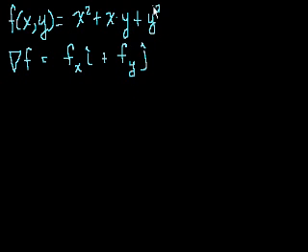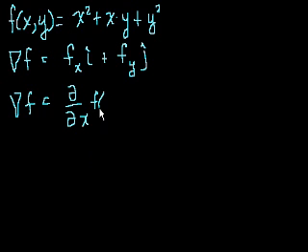And obviously, if there was a function of more variables, you could keep going, and you would multiply the magnitude of the derivative in each of those directions times the unit vector in that dimension. Anyway, what does this mean? Another way to view it, you could have also written this as the gradient of f is equal to the partial with respect to x of f of x, y, all of that in the i direction.